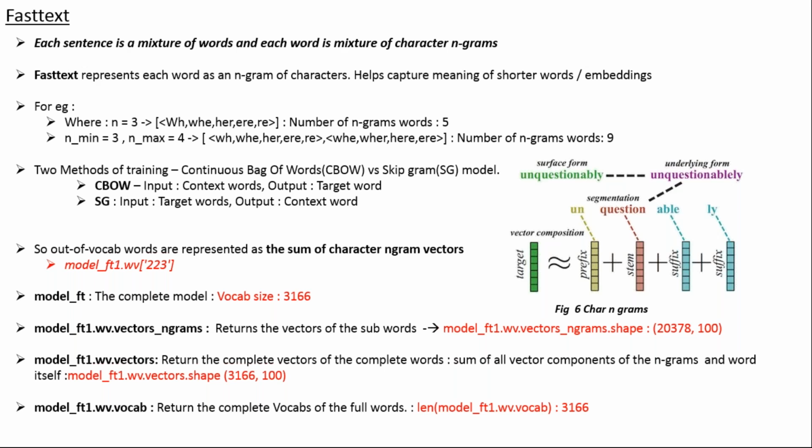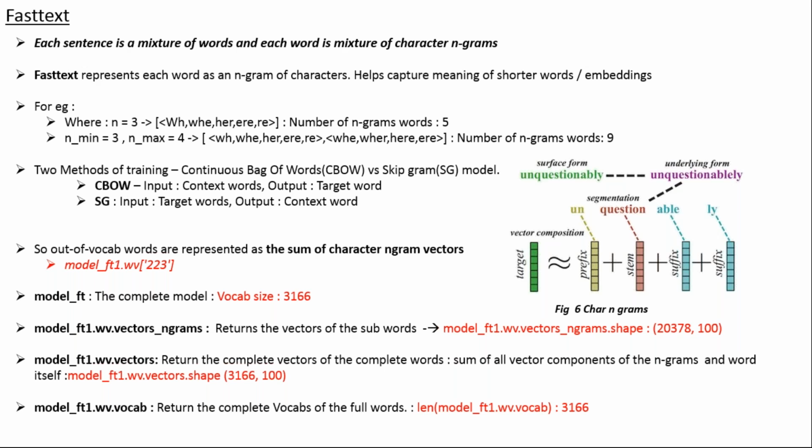You can split this into different subwords, wherein you have a proper stemming, the root word question. Then you add some prefix and suffix, and if you combine all of this you come up with the specific word unquestionably.